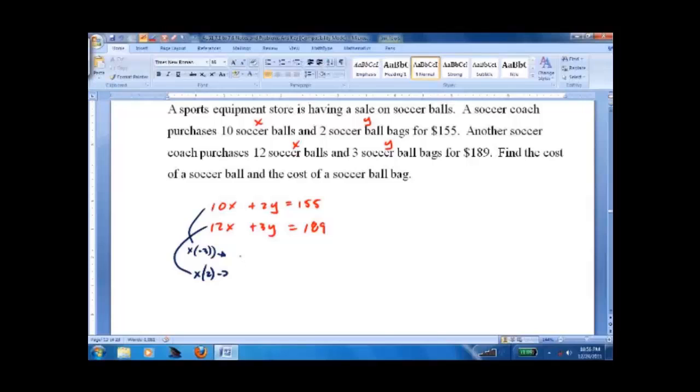So I get negative 30x plus negative 6y equals, need the calculator for this one, negative 465. This one I get 24x plus 6y equals 378. Looks like we did it right. They're going to cancel.